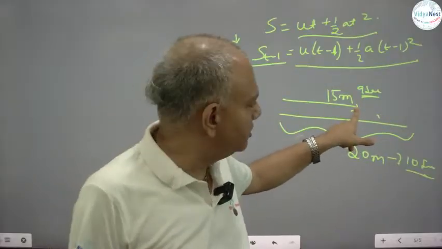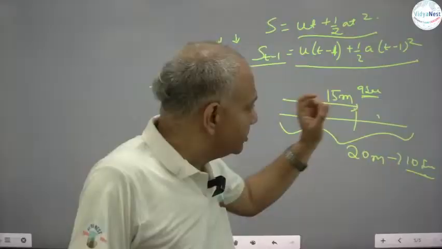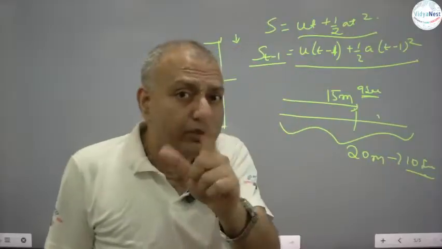Given an example. So in the last second, this 1 second between 9 to 10, what length has it traveled?